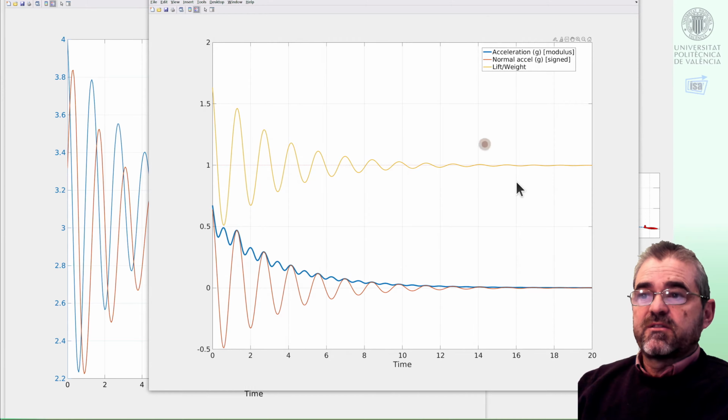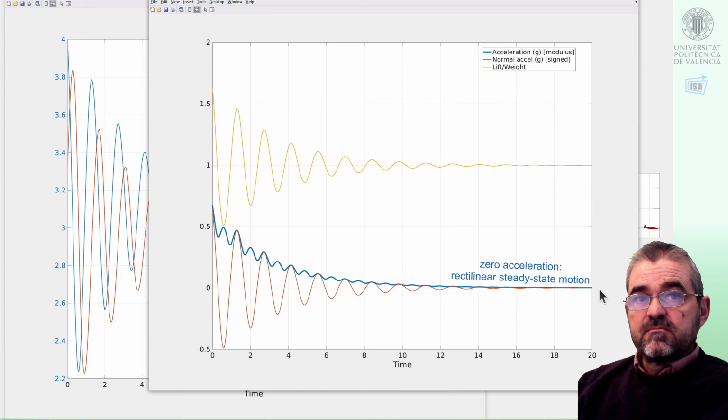If we now look at the accelerations and other forces involved, the blue line is the modulus of the acceleration vector. It decays to 0, indicating that, indeed, at the end of the transient, the gliding speed is constant and the path is a straight line.